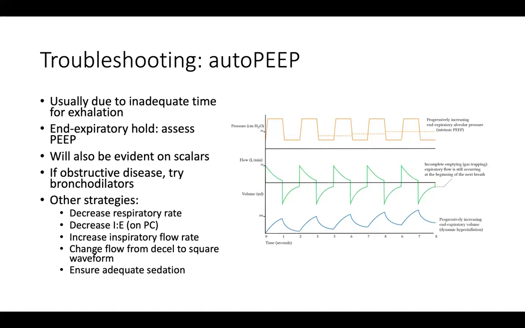And if we don't correct it and let it get to its end stages, you're going to slowly increase your intrathoracic pressures, and eventually that will impair preload and venous return to the right heart. That can eventually cause hemodynamic collapse, which is definitely not our goal when we are trying to take care of these patients in the unit.